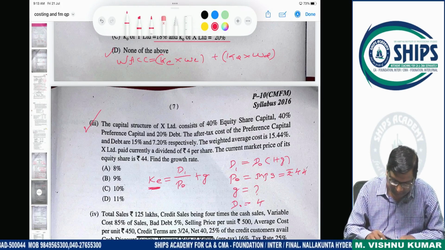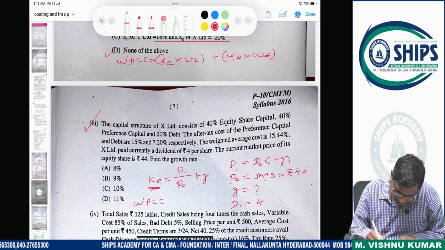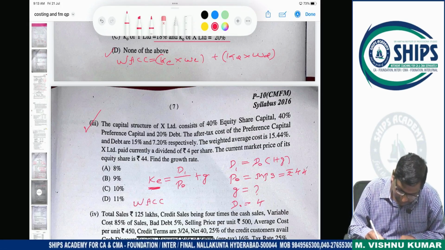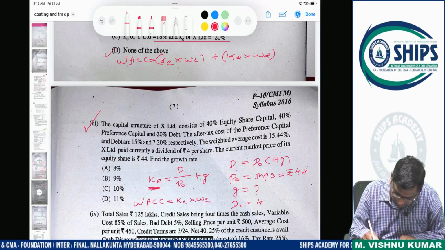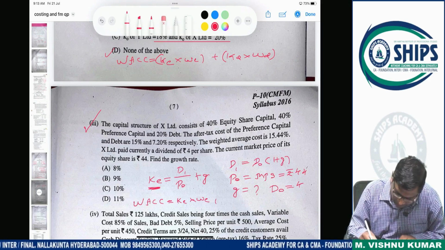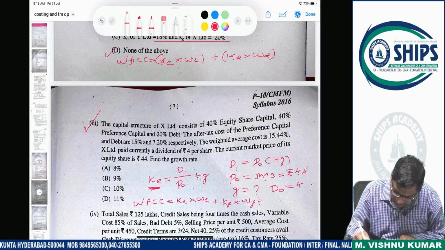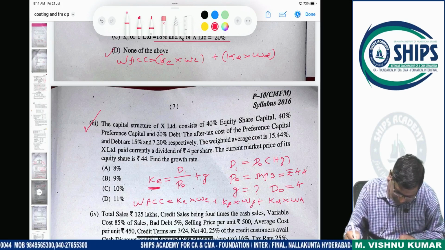So how to calculate cost of equity? They have given WACC, weighted average cost of capital. What items will come in this? Cost of equity into weight of equity, plus cost of preference share into weight of preference share, and cost of debenture into weight of debenture.